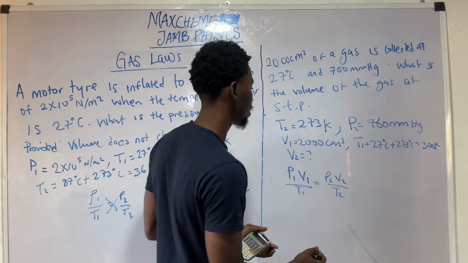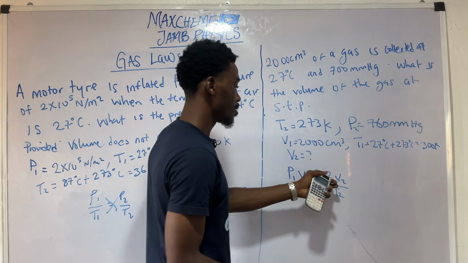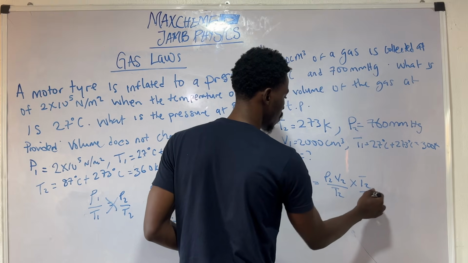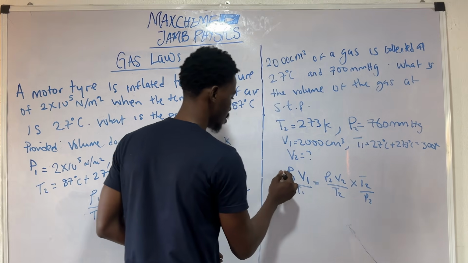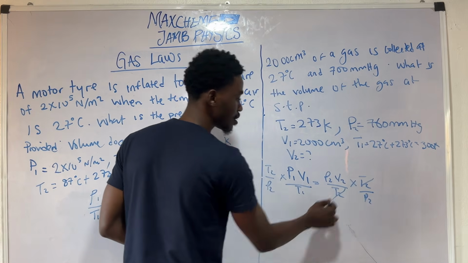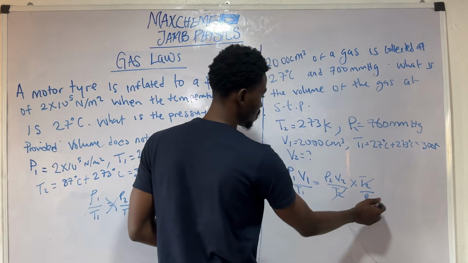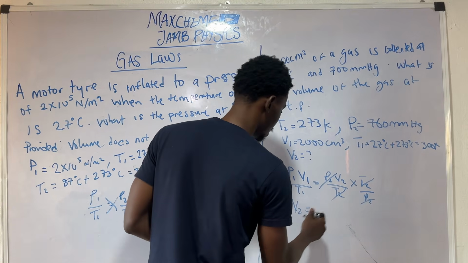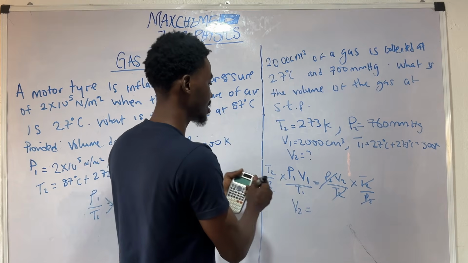What we are looking for here is V2. So making V2 the subject of formula, multiply both sides with T2 over P2, so that T2 cancels out T2 and P2 cancels out P2, leaving only V2.